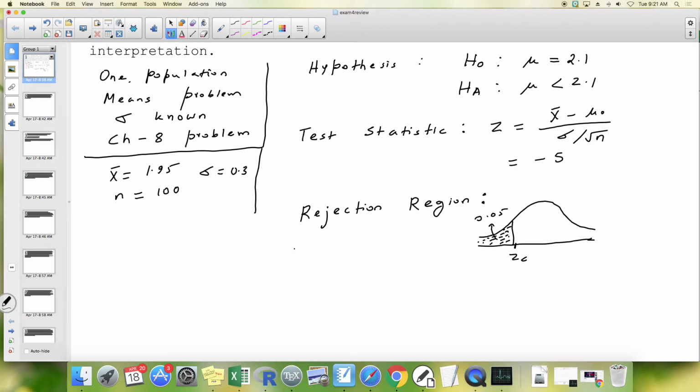So reject H naught if Z is less than ZC. So let's find the value of ZC. We have to find a number, area to the left of which is 0.05.